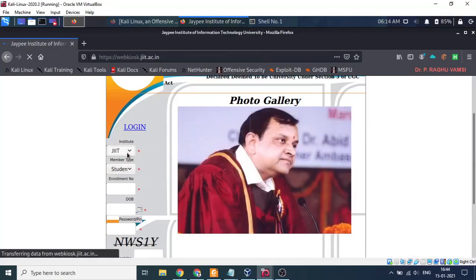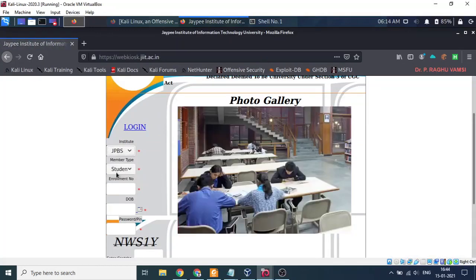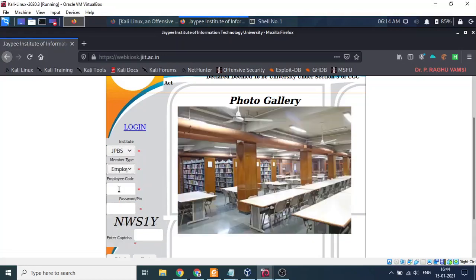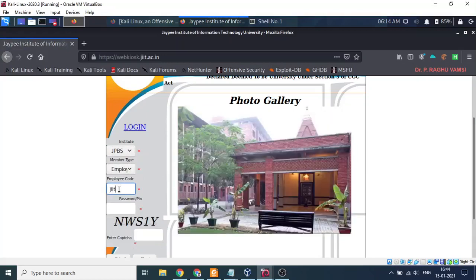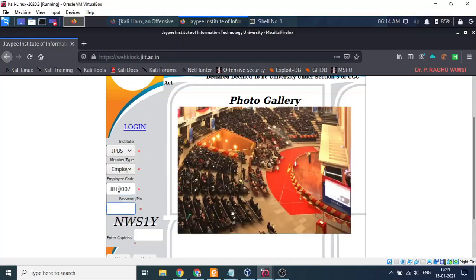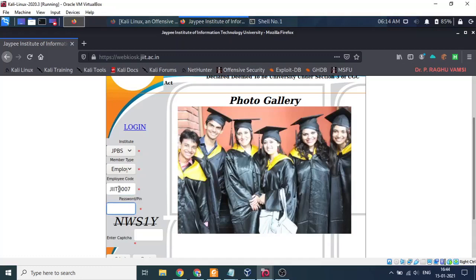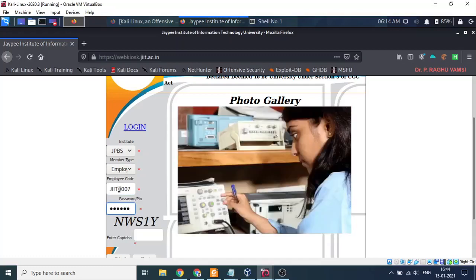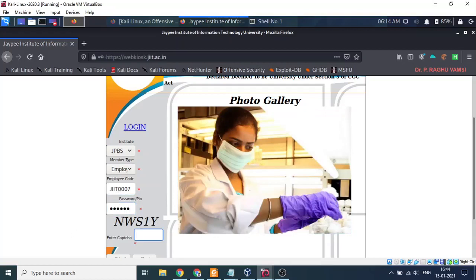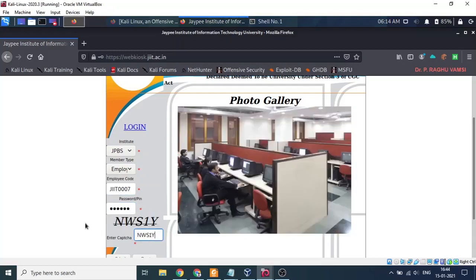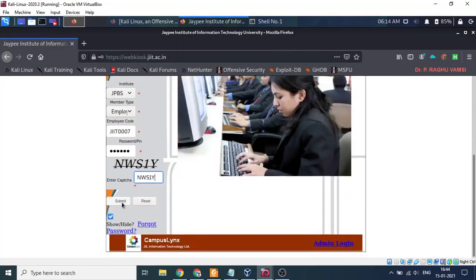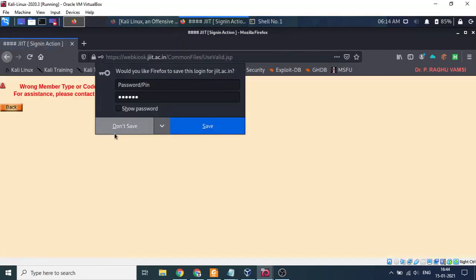So let us see some JPBS employee, some XJIT 007, some password. So anyhow, we got the error message like this.